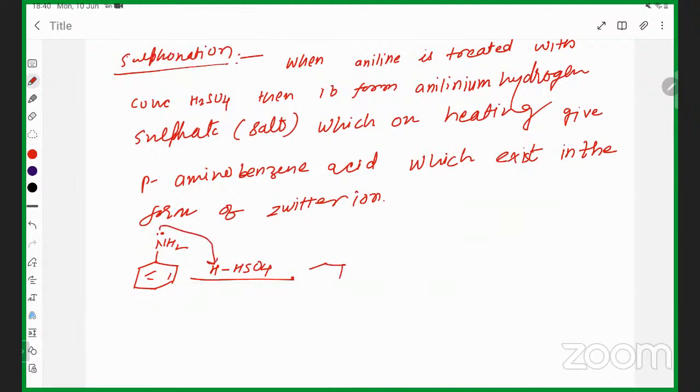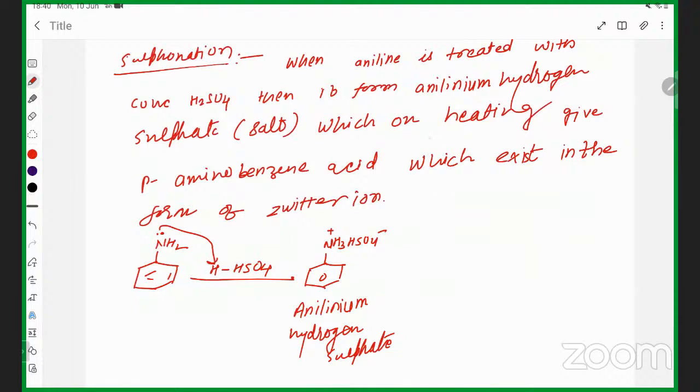So firstly it will give the anilinium hydrogen sulfate: NH3 plus, then HSO4 minus. This is what is called anilinium hydrogen sulfate.